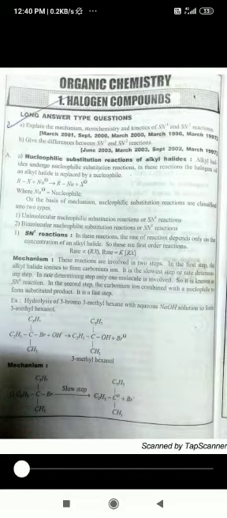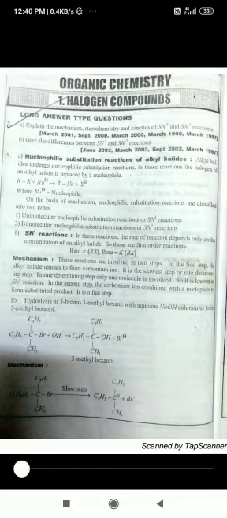nucleophilic substitution reactions of alkyl halides. Alkyl halides undergo nucleophilic substitution reactions. In these reactions, the halogen of an alkyl halide is replaced by a nucleophile.